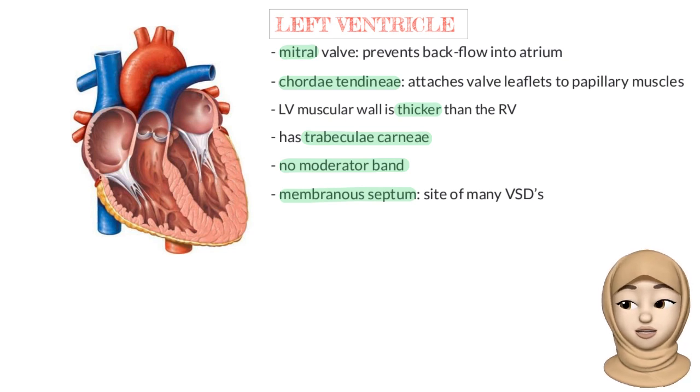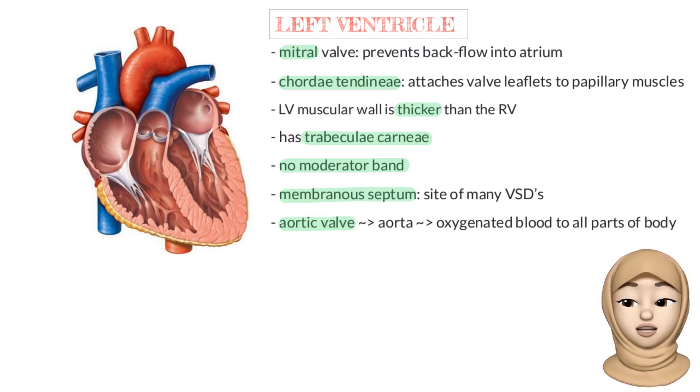The left ventricle empties its blood through the aortic valve and into the aorta, which transports the oxygenated blood to all parts of the body.